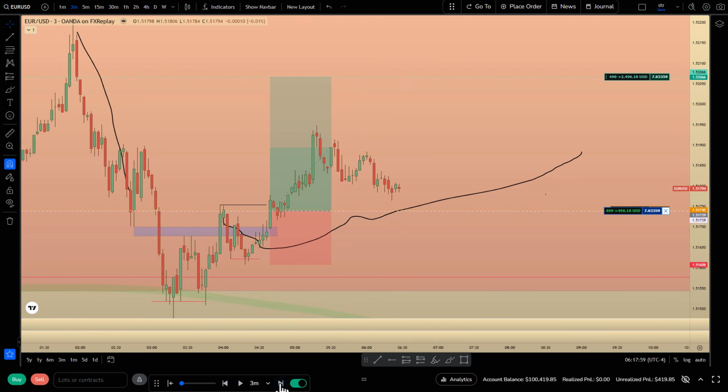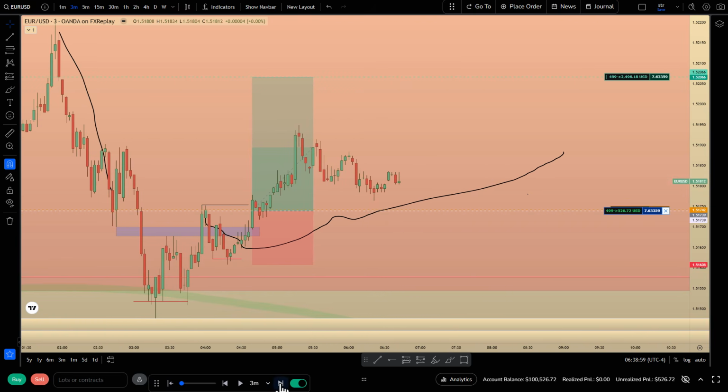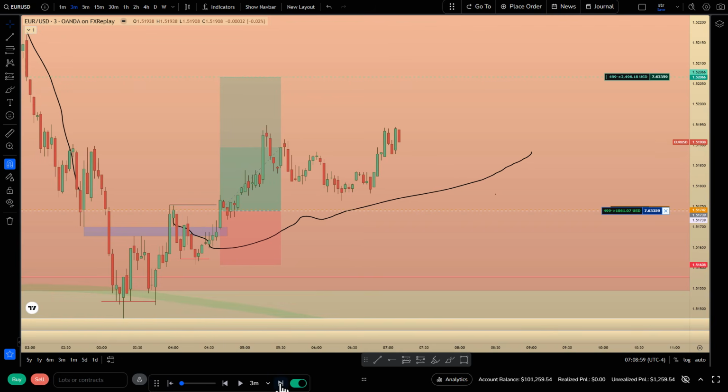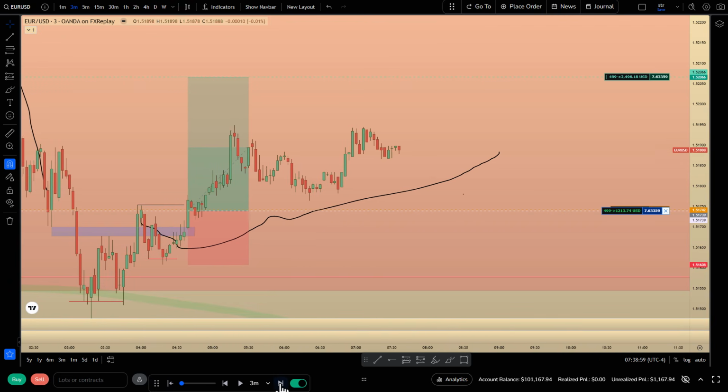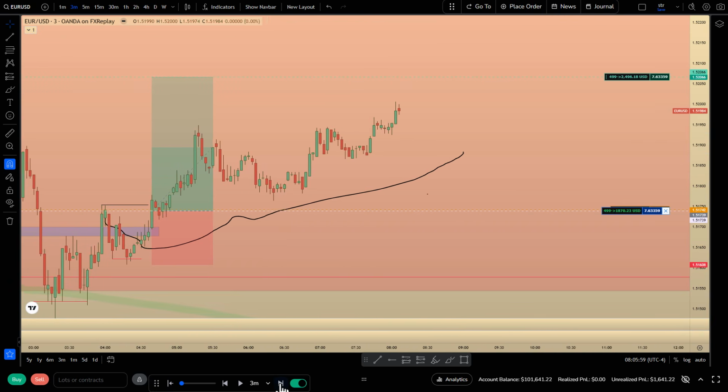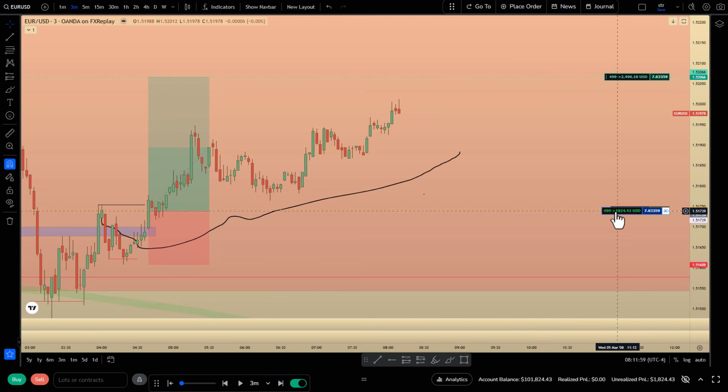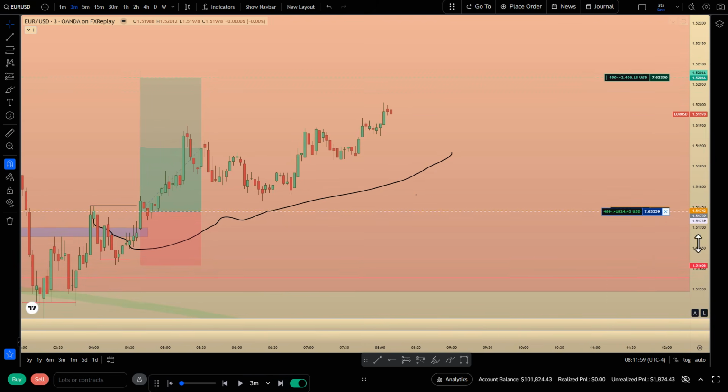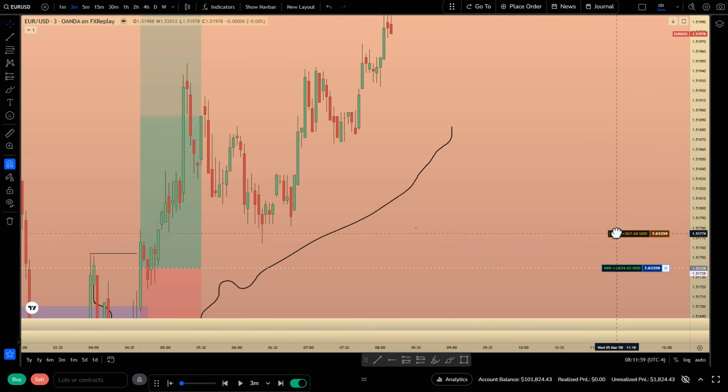We might go break even. Or maybe not. Let me put stop loss to here.